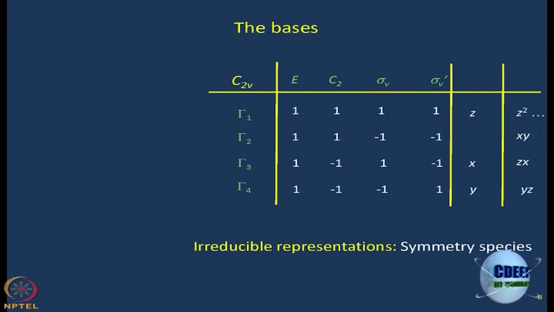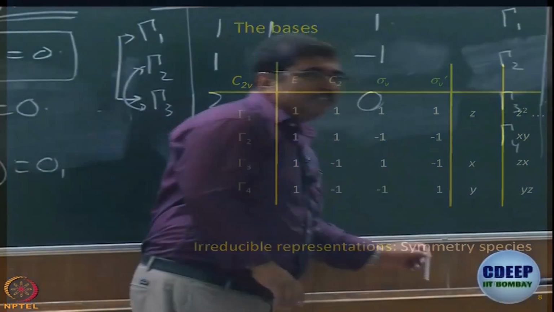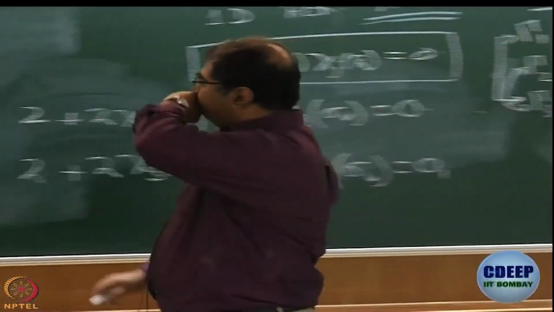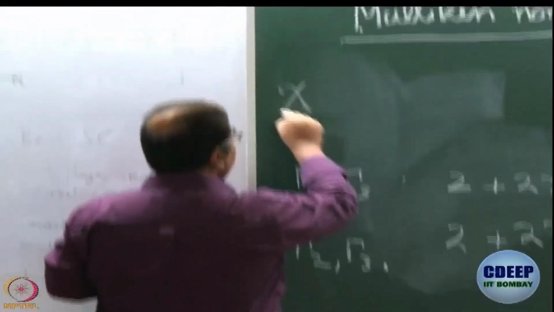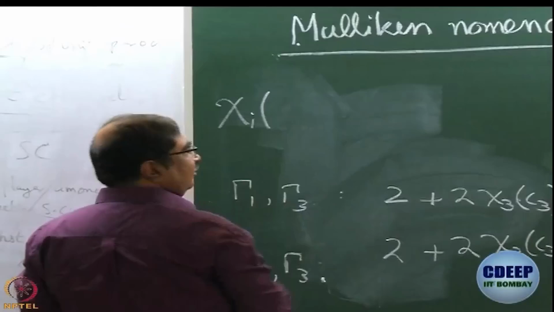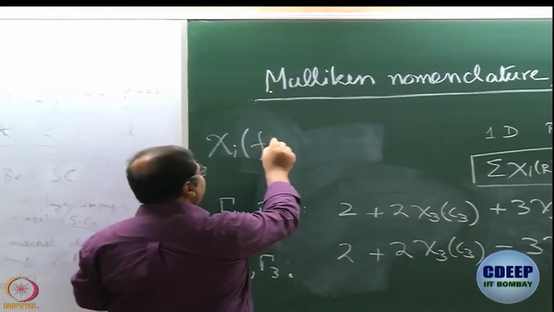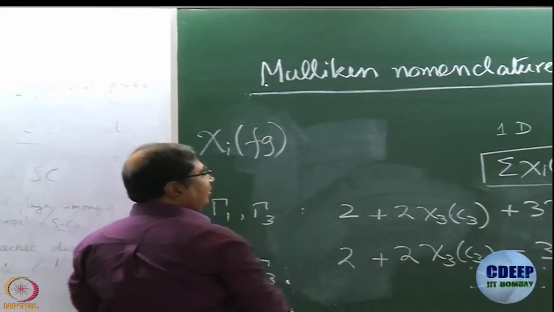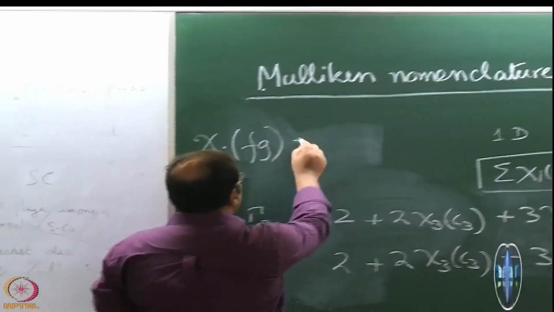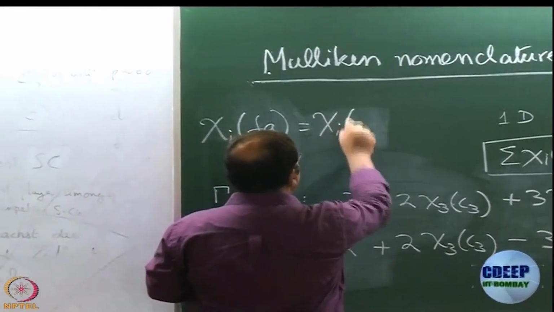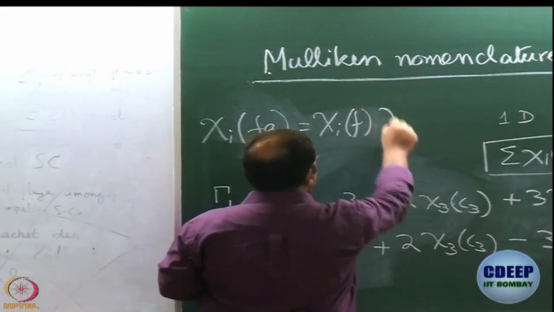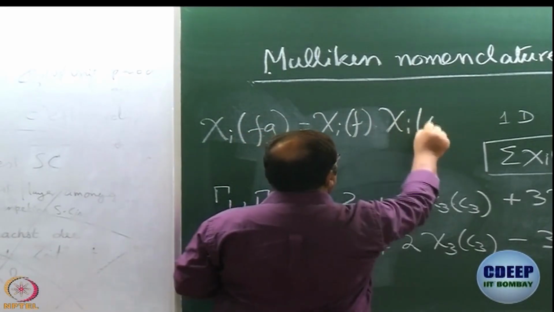Okay. So, something that we are going to use always is chi i of, how do I write two functions? I will write f and g, chi i of f g is equal to chi i of f into chi i of g.